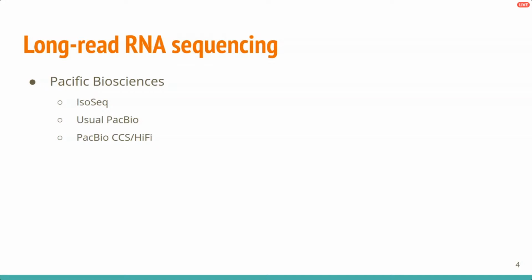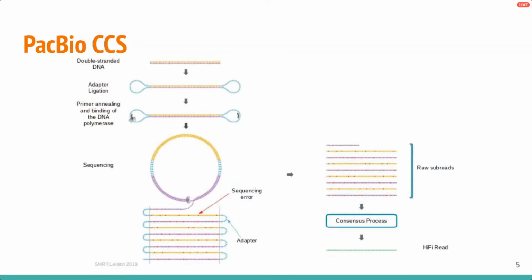And we have, of course, PacBio CCS, which are now called HiFi reads, which are very high quality reads. They are obtained through multiple sequencing of the same fragment. You make a circular template, and then you sequence it with usual PacBio several times.